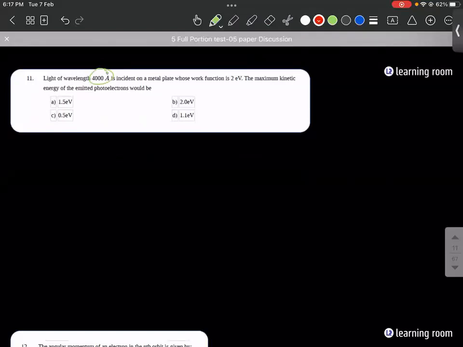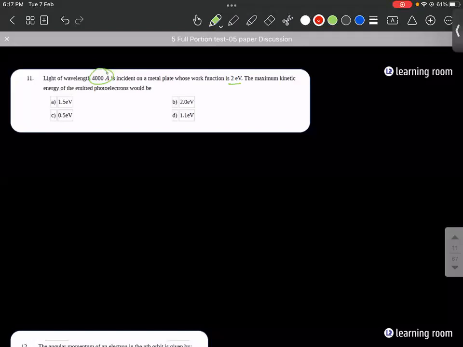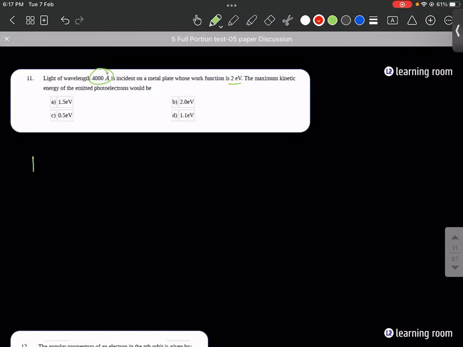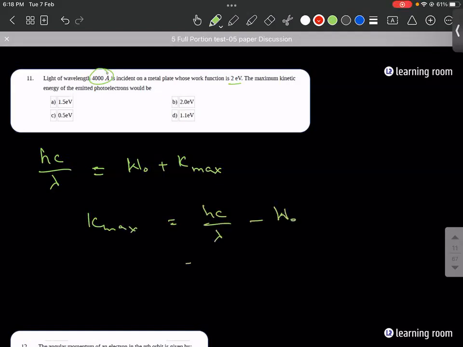So light of wavelength 4000 angstrom is incident on a metal plate whose work function is 2 electron volt. The maximum kinetic energy of the emitted photoelectrons would be. So the light of wavelength, hc by lambda is equal to W naught plus K max. So K max is equal to hc by lambda minus W naught. Okay.